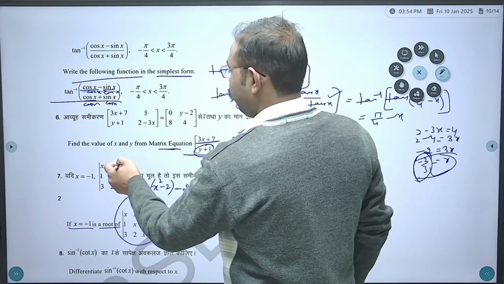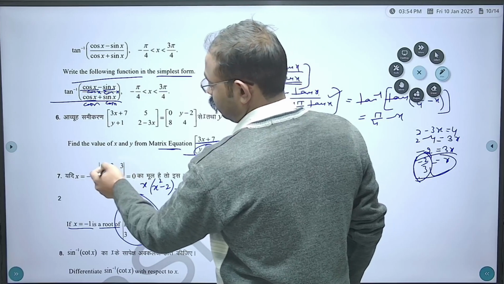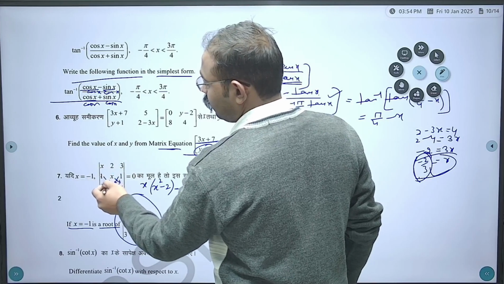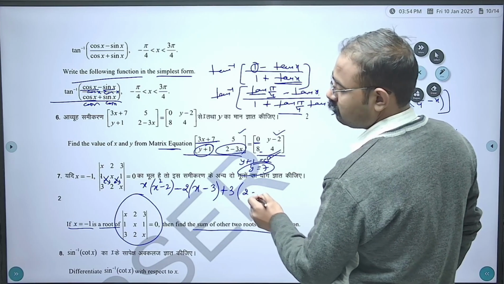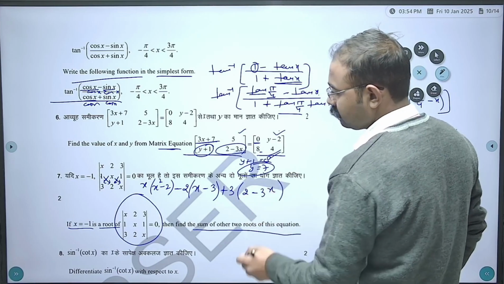By eliminating the third column and this first row, we have these 4 elements, and by multiplying these, 2 minus 3x.